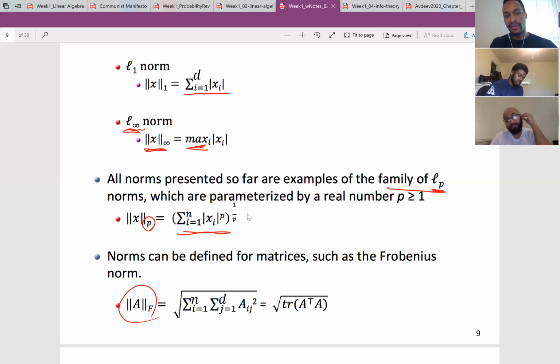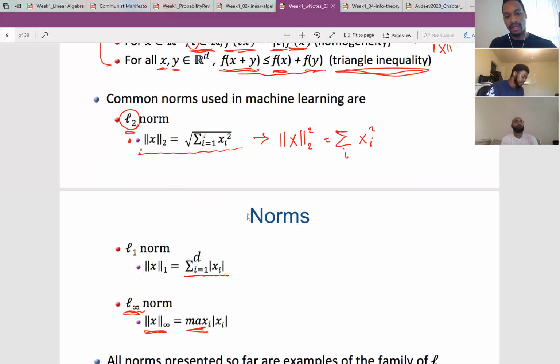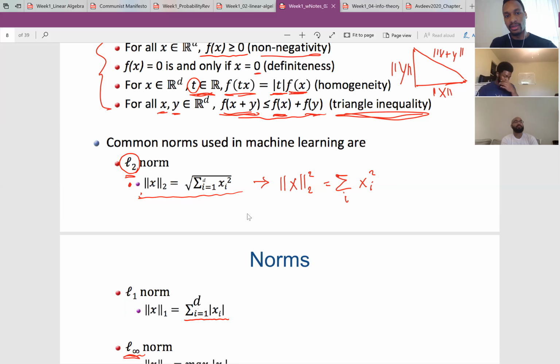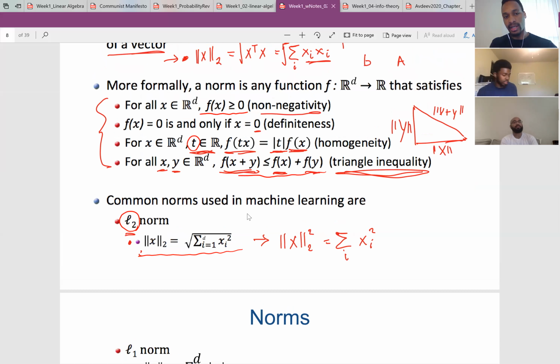You can check that for the L2 norm and the L1 norm this works to get the values that are given for L2 and L1. And then you can also check for all these three norms that they do satisfy all these four norm definitions.